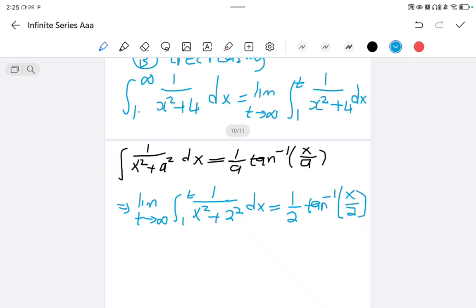We put the limits 1 and t. Now I substitute, and I have arctan of t over 2 minus arctan of 1 over 2, all over 2.